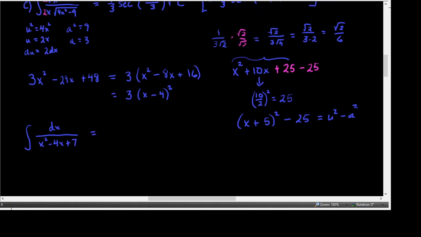Well, at first glance, I look at this and think, does that trinomial factor as is? I can't think of any factors of positive 7 that would add to negative 4, so that's a dead end. And if I tried to let u equal that denominator, the du would involve 2x minus 4, and I don't have a 2x minus 4 in the numerator, so that won't work.